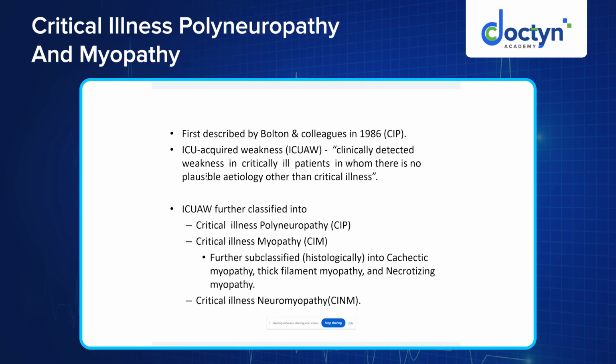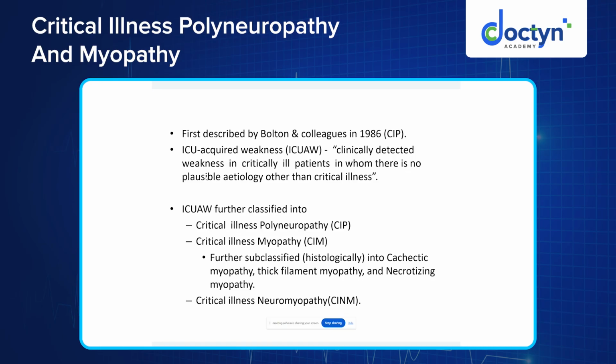What exactly is the cause? Most probably, this is an ICU-acquired polyneuropathy and myopathy. ICU-AW has further been classified into CIP, critical illness polyneuropathy, and CIM, critical illness myopathy, further subclassified into cachexic, thick filament and necrotizing myopathy, and critical illness neuromyopathy.